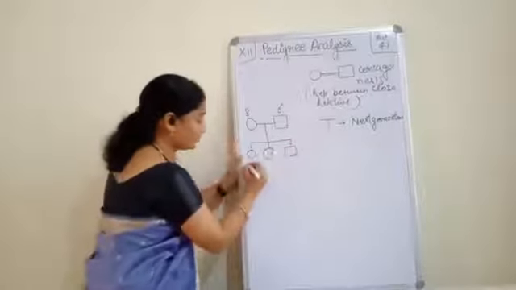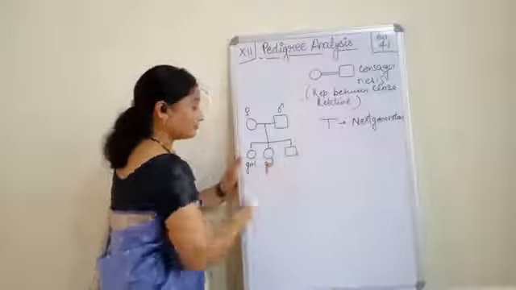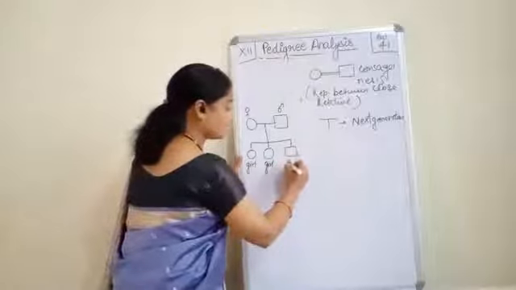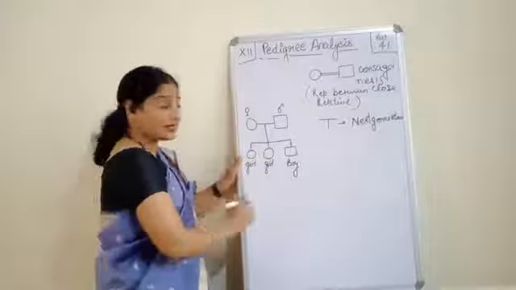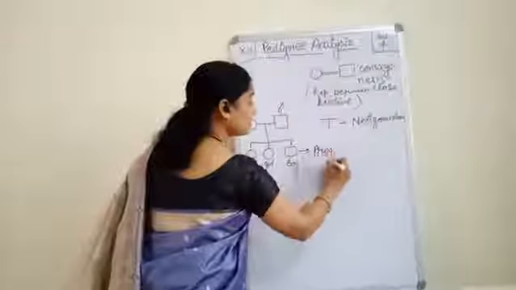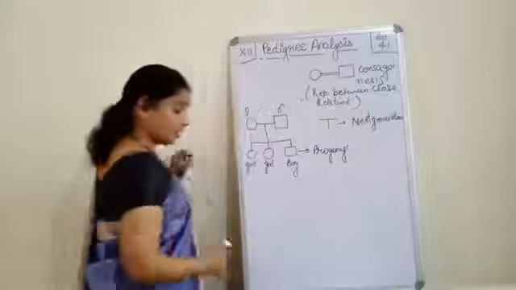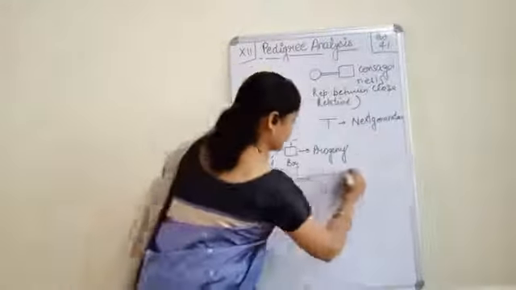Out of that, this is a girl child, once again a girl child, and this is a boy. So if the structure is like this, then the next generation means I am talking about progeny. Clear?